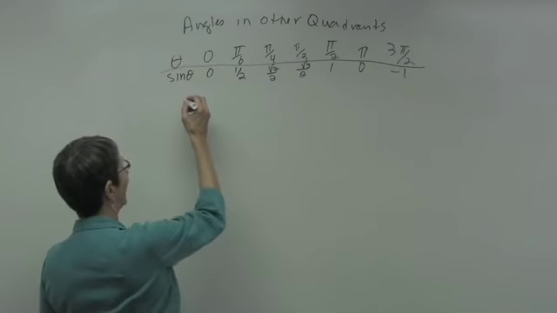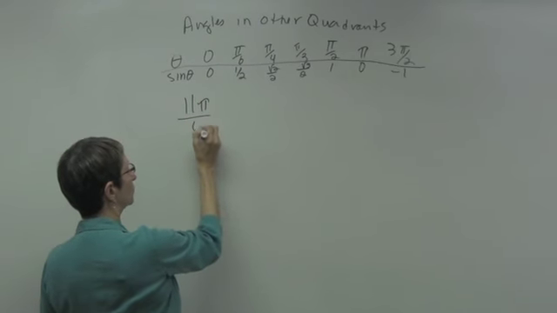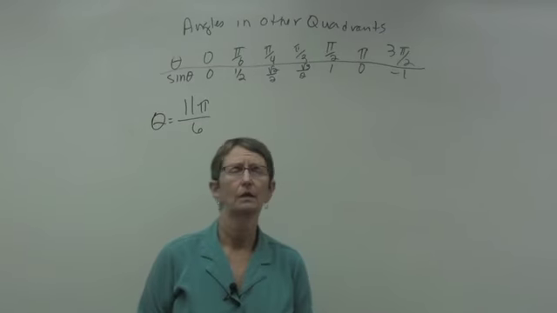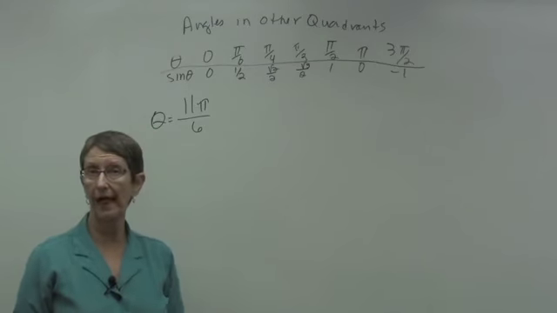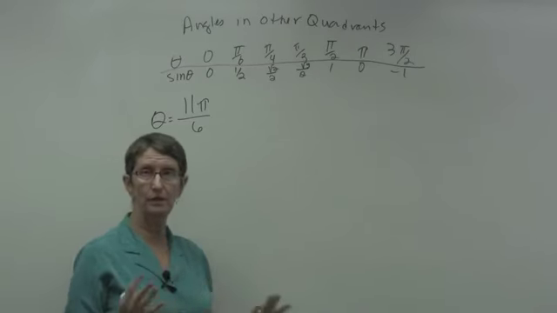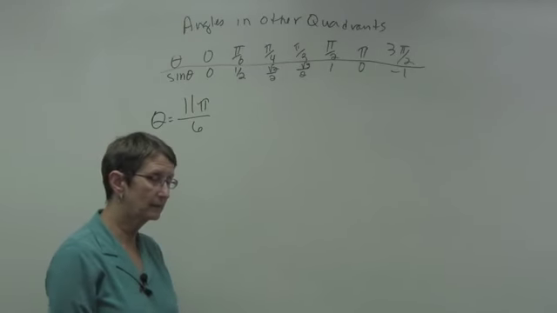Let's look at the angle 11 pi over 6. Well, it's not pi over 6. It's definitely bigger than that. So where is it? How can I find sine, cotangent, and the other trig functions? 11 pi over 6, a couple ways to think about it.